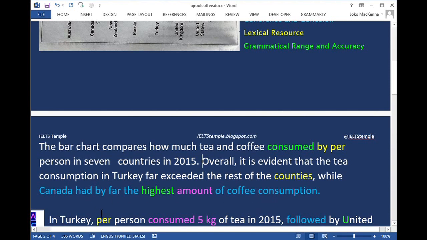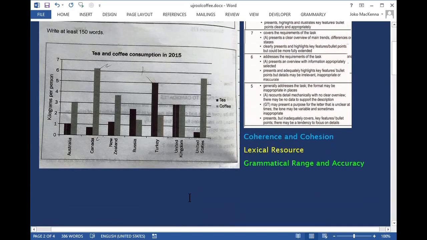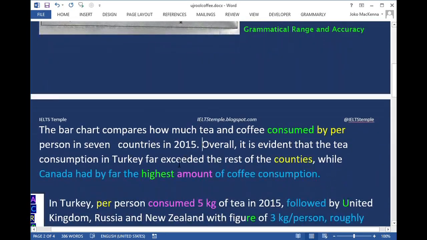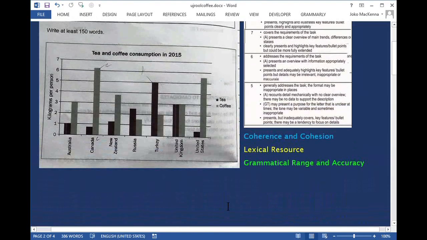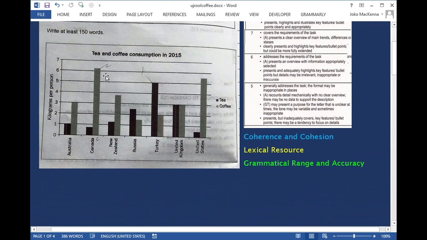Okay, let's take a look at that. First of all, are you talking about a trend? No, you're talking about a difference. Turkey and everybody else. Consumption far exceeded the rest of the countries. Okay, yeah, I can see that. How about this, though? While Canada had by far the highest. Let's see. Canada, 6.2. America, 5.